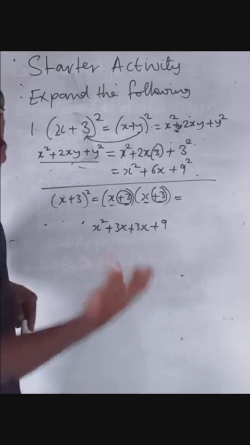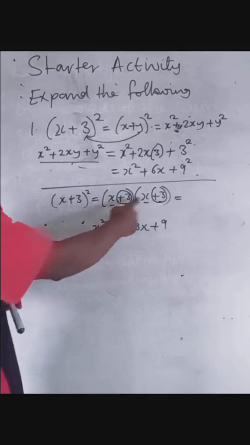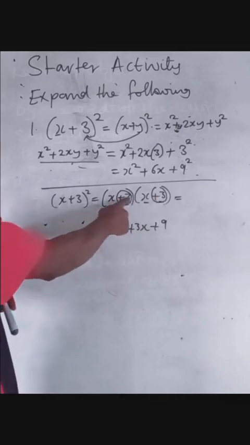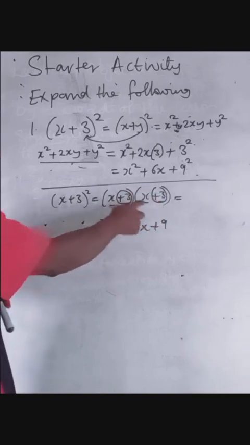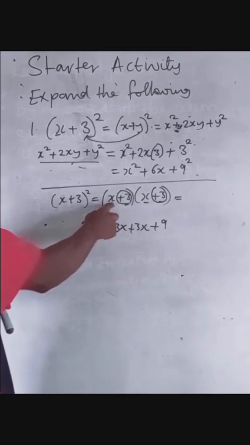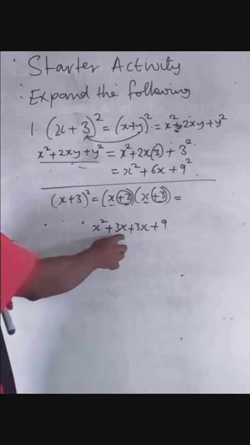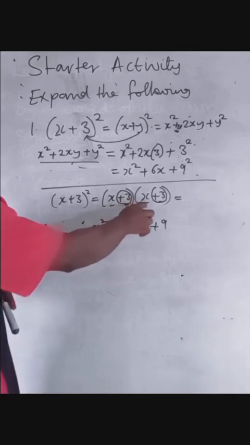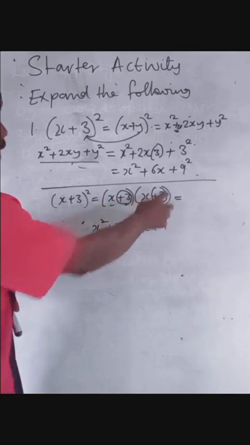So this is how I derived plus 3x and plus 3x. It's not guesswork. So x multiplied by x is x squared. X multiplied by plus 3 is plus 3x. Plus 3 multiplied by x is plus 3x. Plus 3 multiplied by plus 3 is plus 9.